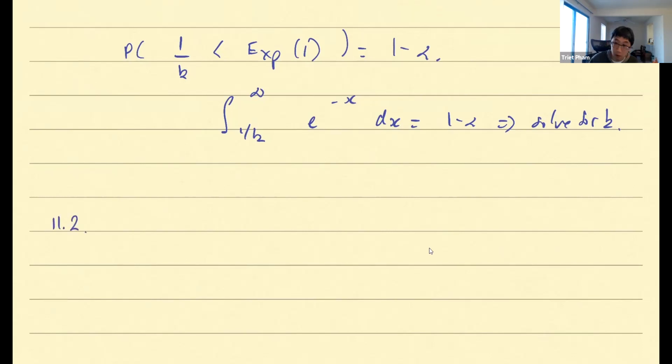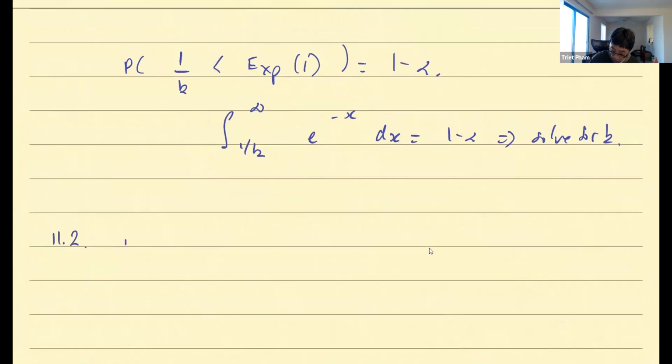So to make it less trivial, let's look at 11.2. 11.2 tells you this. Now they want n equals 2.